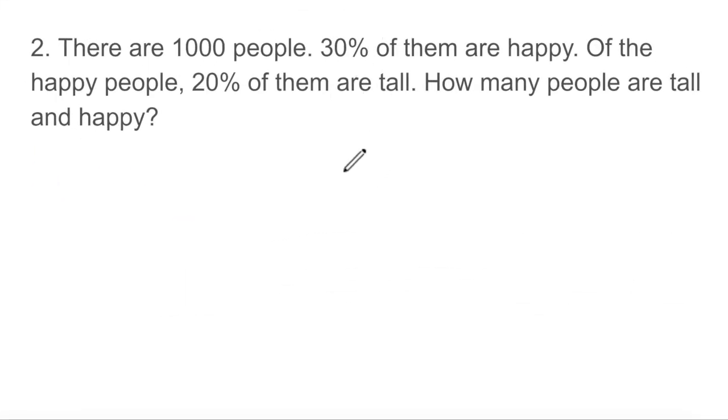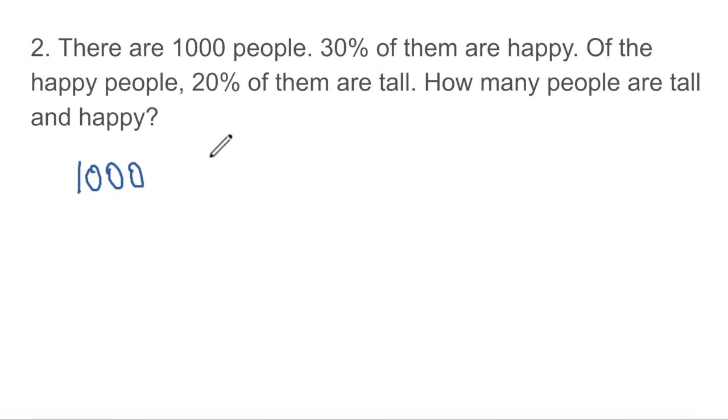Problem number 2, there are 1,000 people, 30% of them are happy. Of the happy people, 20% of them are tall. How many people are tall and happy? Well, let's see, we have 1,000 people. Let's write down what we're given. And of those, 30% are happy.